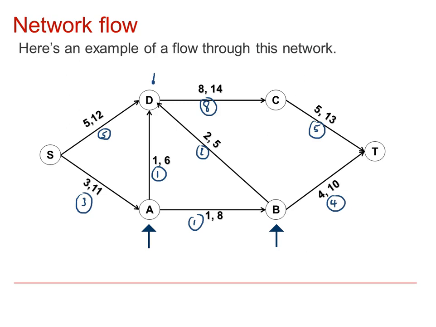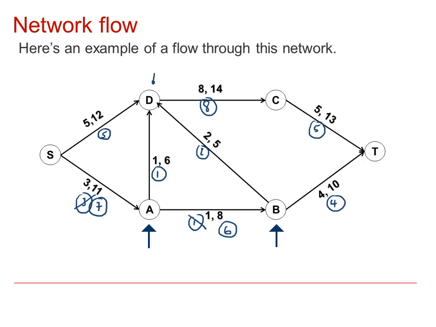So we need at least 6 coming into here. So that 1 is not going to be sufficient. We need 6 coming into there, which means that we must have 7 coming from S to A.